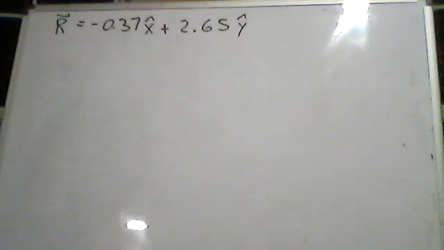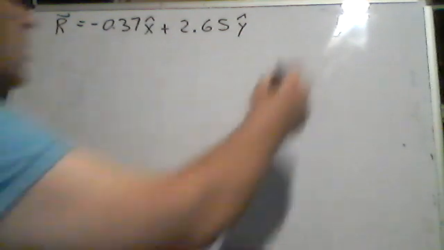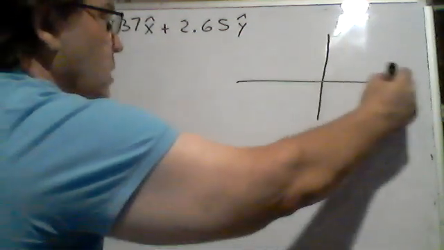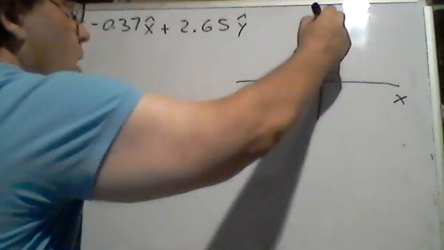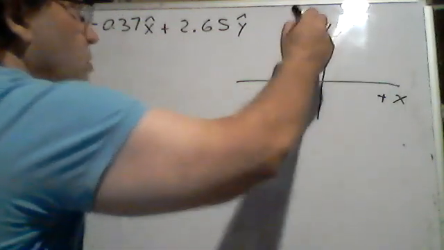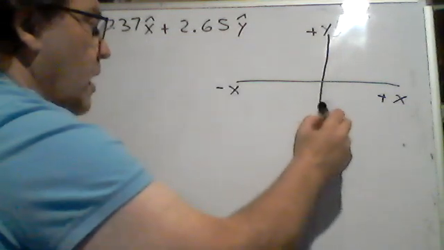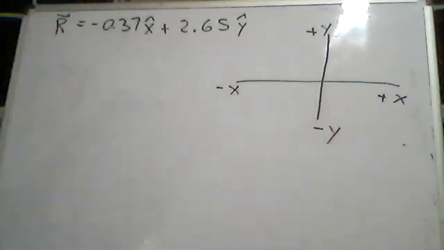And well, first of all, let's figure out where this vector actually is. So I have to figure out what quadrant it's in. I had three vectors. I had A that was entirely in the first quadrant.